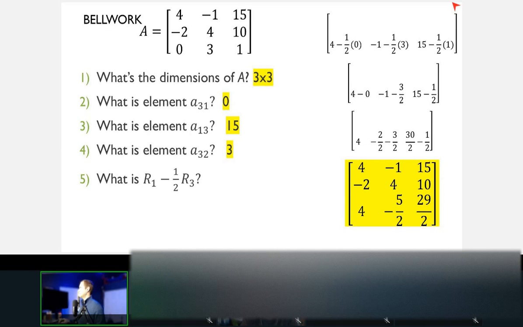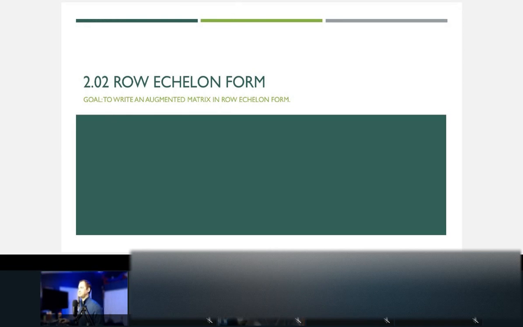All right. So let's go into today's lesson. All right, row echelon form. We'll be doing specifically with reduced row echelon form. And these take a lot of steps, a lot of basic math.